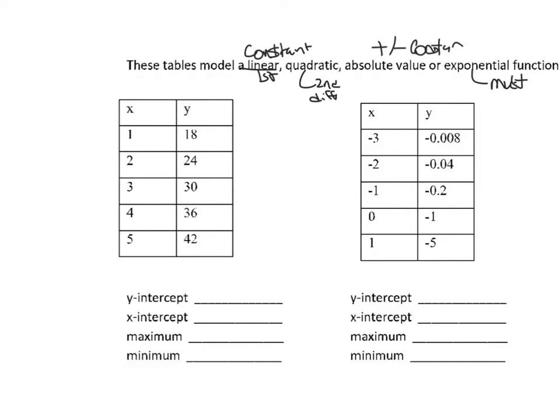Okay? All right, so this, you look, 18 to 24, we're adding 6. Adding 6, 30 to 36, we added 6, we added 6. Okay, so I know it's going to be linear, so there's no minimum maximum. So I need my y-intercept, which means my x is 0, and my x-intercept where my y is 0.